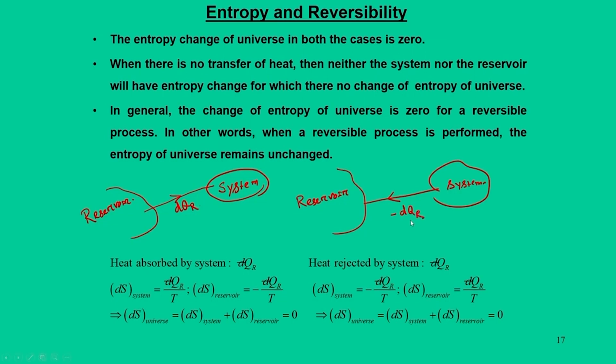From this, what we can say is this is nothing but dS of system and this is nothing but dS of reservoir. Similarly, here delta S of system or dS of system and dS of reservoir.